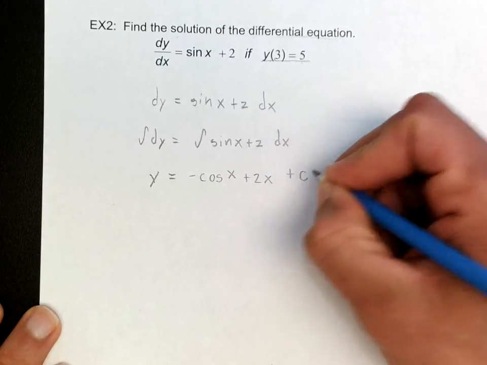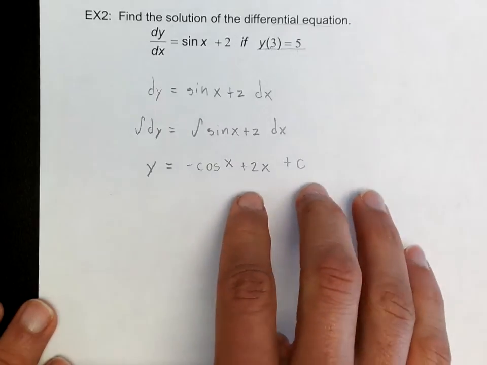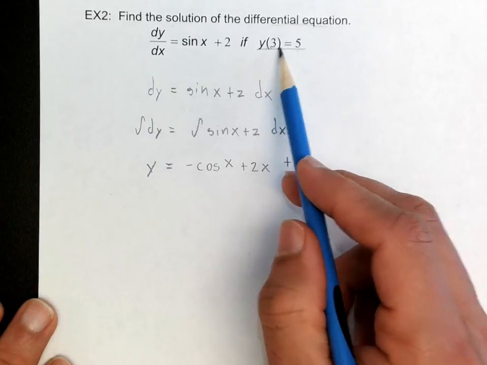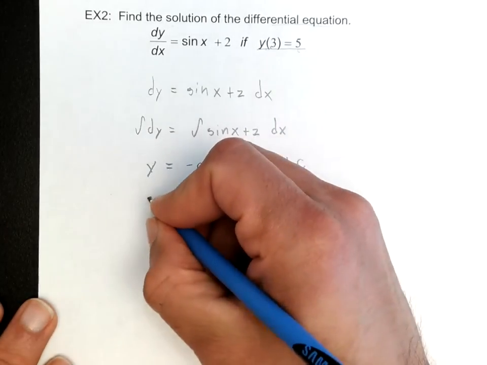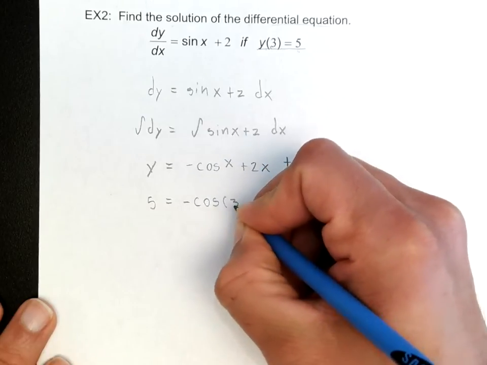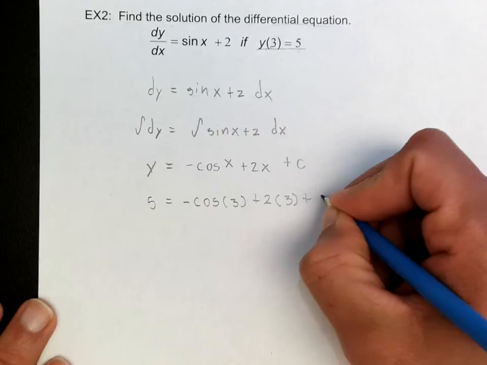plus c. Right, now to find the c value, basically the vertical shift, to find that out, I'm going to have to plug in a 3 for x and a 5 for y. So I'm going to have 5 is equal to negative cosine of 3 plus 2 times 3 plus c.